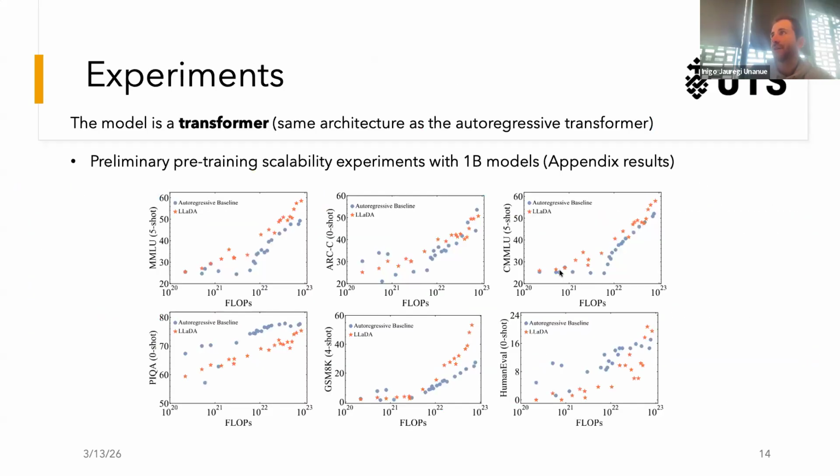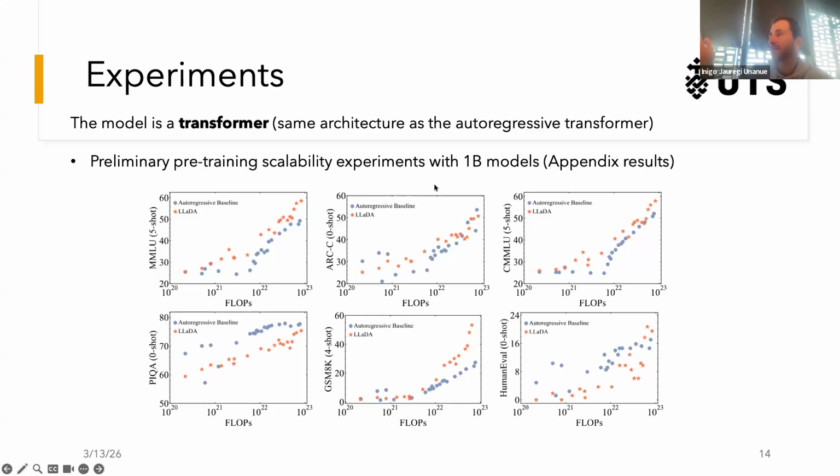Then we go to the experiments. As I said, the model they use is a transformer. The first experiment they do is with a 1 billion parameter model. They have an identical transformer that can be pre-trained in an autoregressive manner or in the manner they are proposing, and they wanted to see if it can scale up.